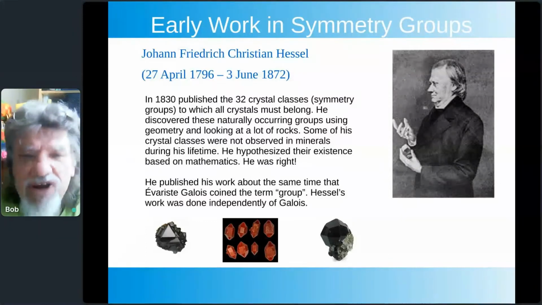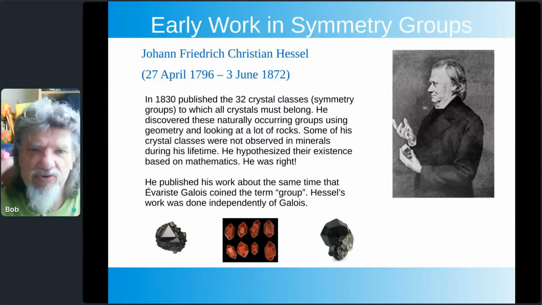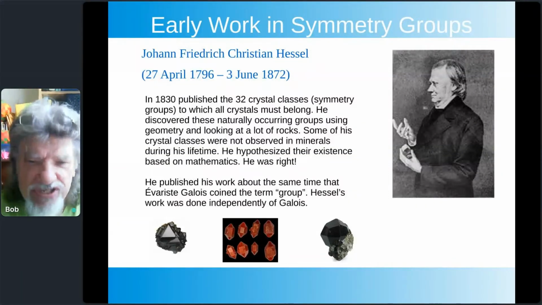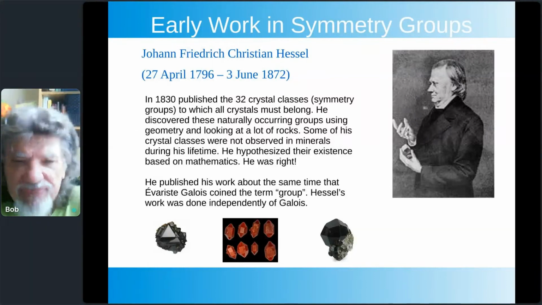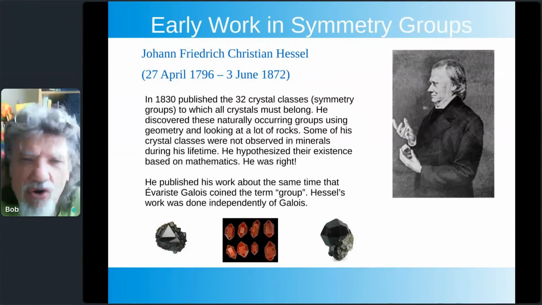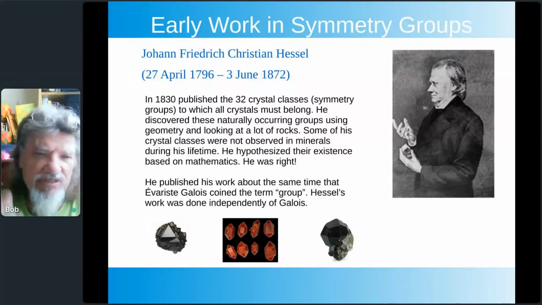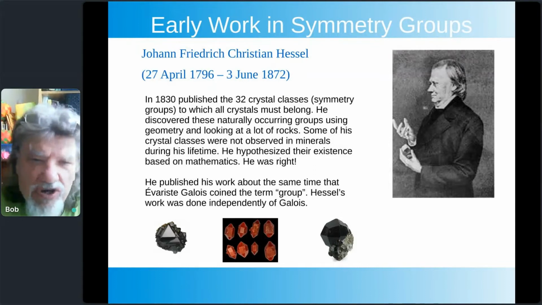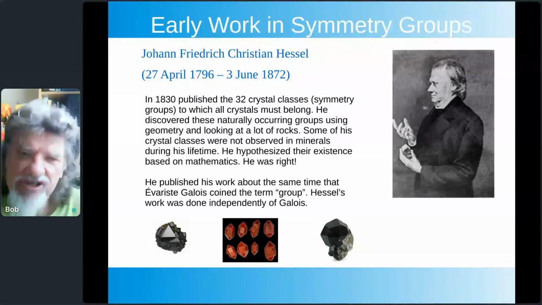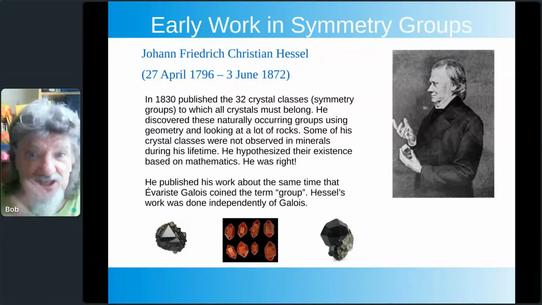Now, part of the problem is those 32 classes are macro things. Crystals are macro items. They're very large. You can see them, you can hold them. They're based on macroscopic symmetries. And apparently another mineralogist named Bravais figured out all the various microscopic symmetries that possibly exist when atoms combine into molecules or crystals. And Hessel used his work to say, based on this microscopic symmetry, it has to fill space.